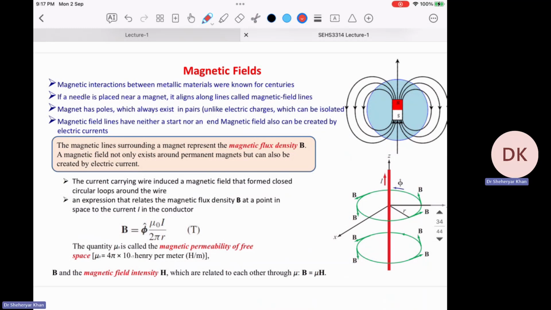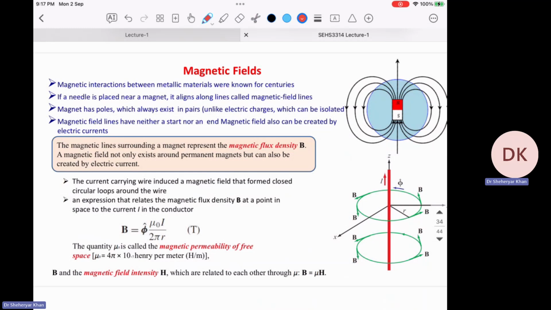But they did not know the reasons, or the phenomenon was not well defined. So if a needle is placed near a magnet, it aligns along lines called magnetic field lines, right? If you have this bar magnet and you place a needle, you would see that the direction of the needle will plot these lines.